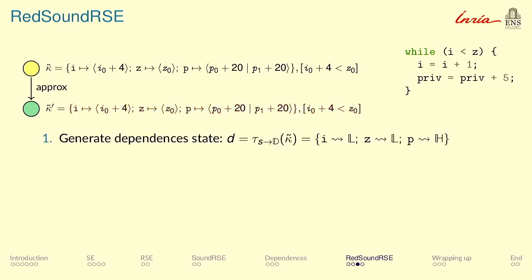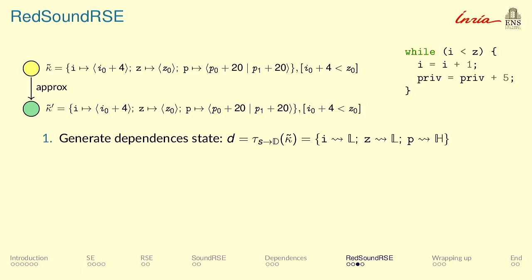Before, we were just getting the modified variables. But now what we have to do is get our dependency state D, which is generated by this translation function, which takes our symbolic state. And this is the nice part of having this faceted representation of symbolic values, where as we can see, I is only mapped to one symbolic value.